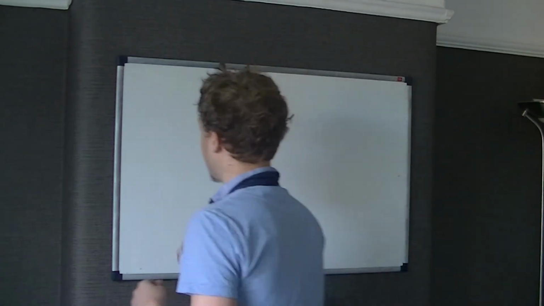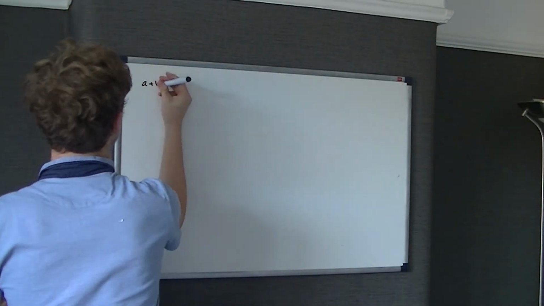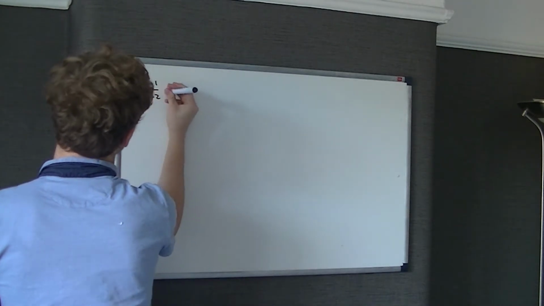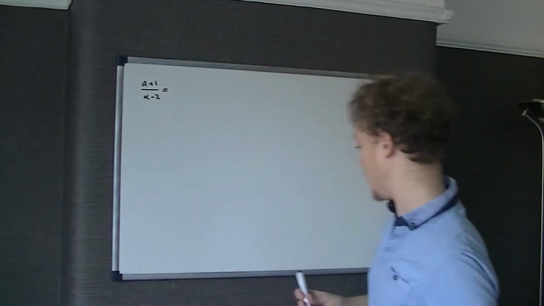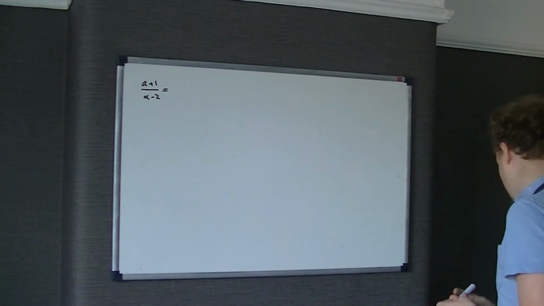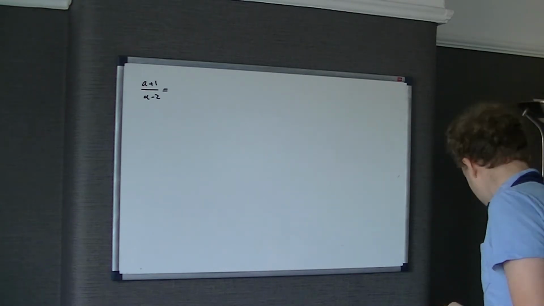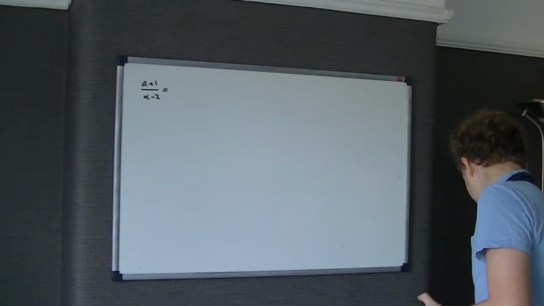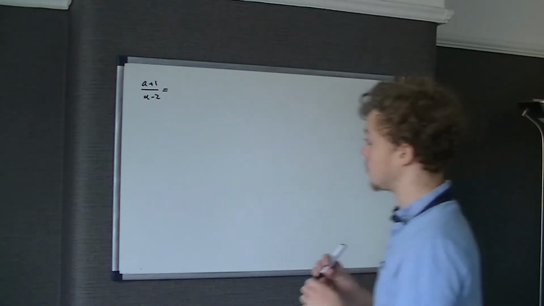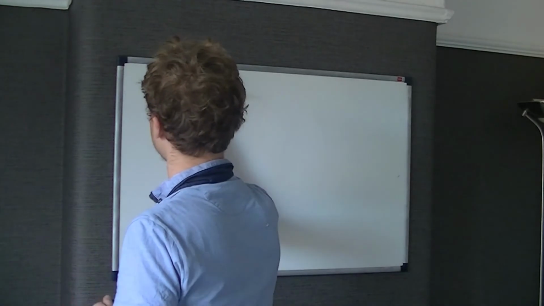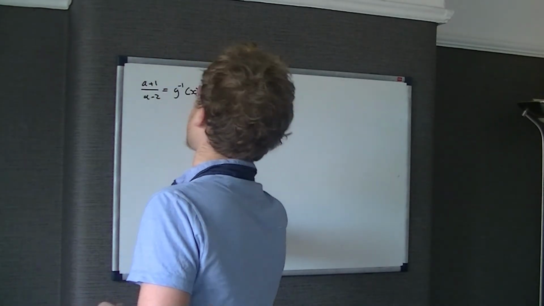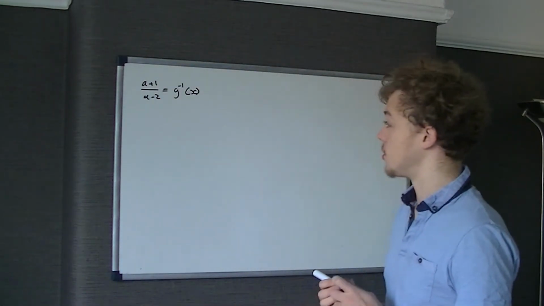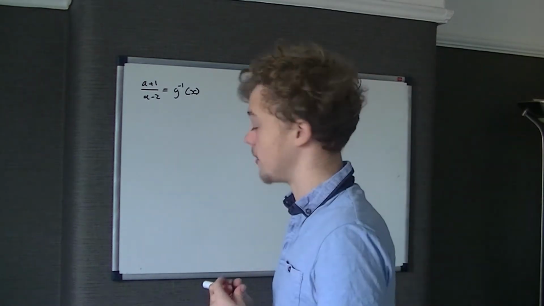So therefore, it is a plus 1 over a take 2. And that is equal to g minus 1 of x, because that's g of a, and then that's g minus 1.